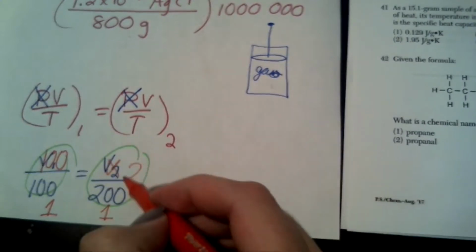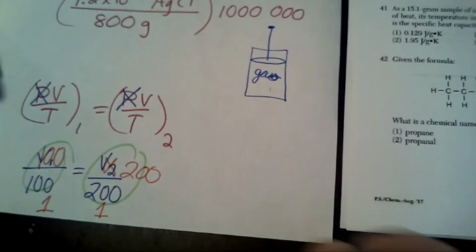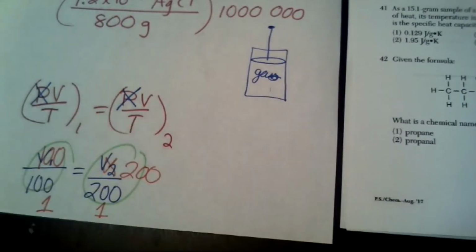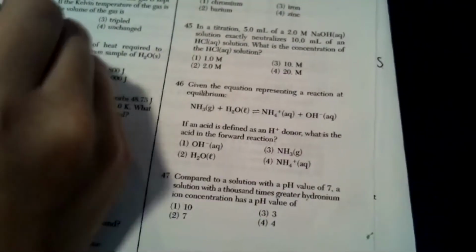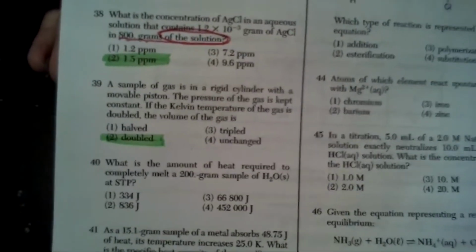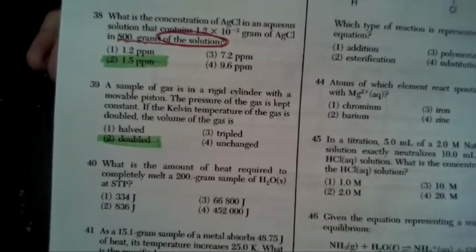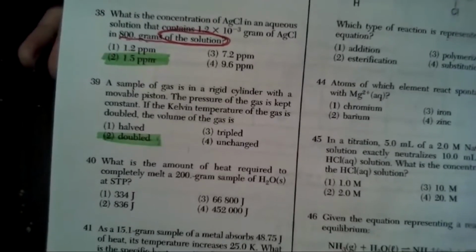This number would have to be 200, which means that the volume of my gas would have to double. So that is choice 2. That is a math brain thought experiment type of thing. It's equivalent fractions. It's something that you've been doing since like 4th grade. They just put it in chemistry terms.